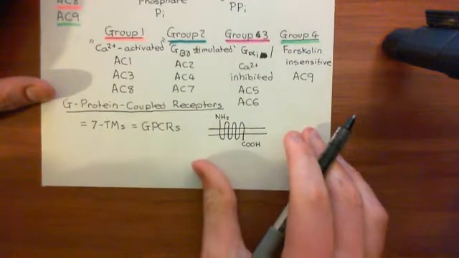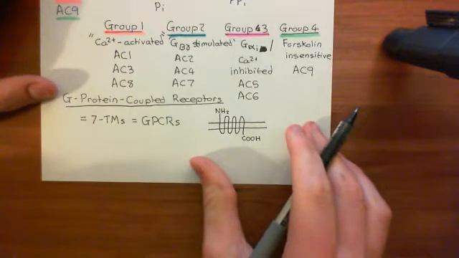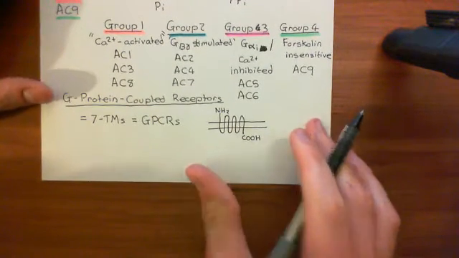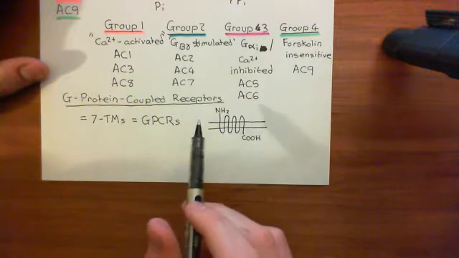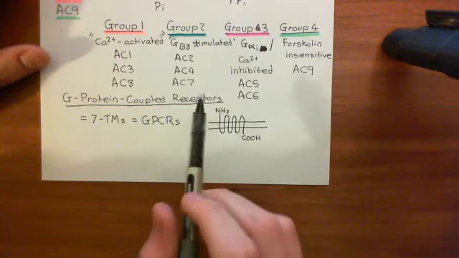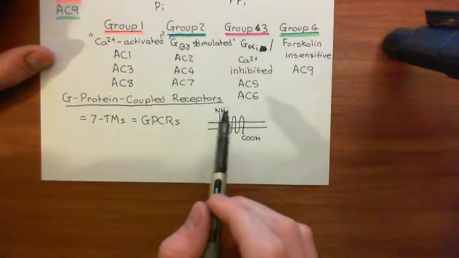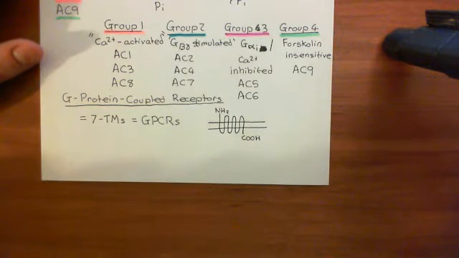Now, G protein coupled receptors is the biggest family of proteins in humans, basically. There are over 800 known G protein coupled receptors, so these are easily the most common form of receptor that we have in the human body.